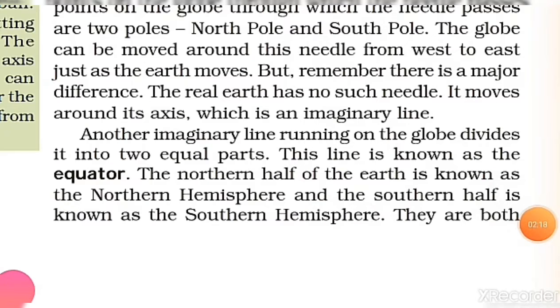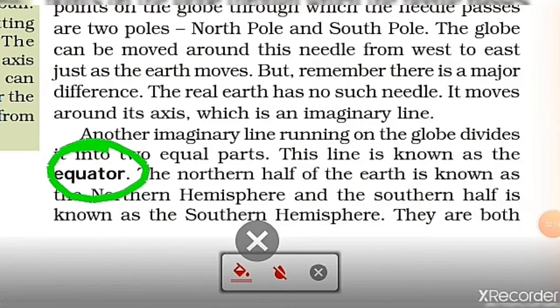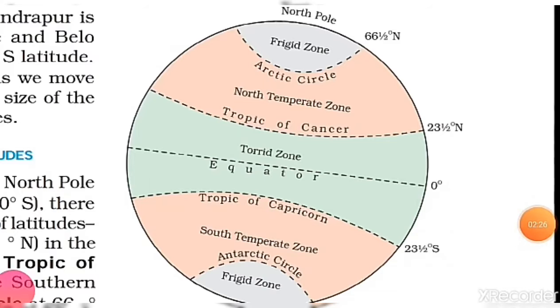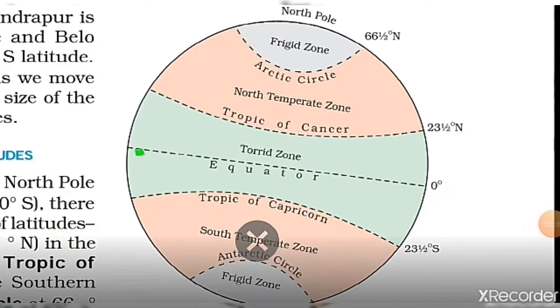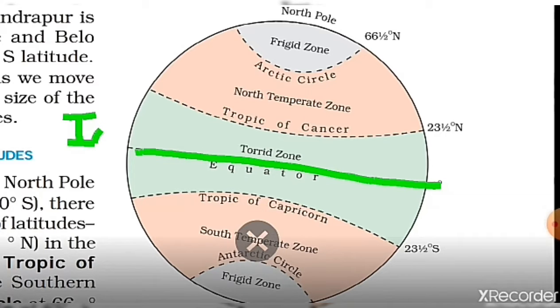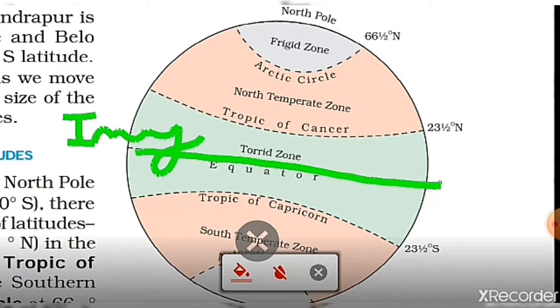The globe also has an equator line. The equator is an imaginary line which divides the globe into two equal parts.